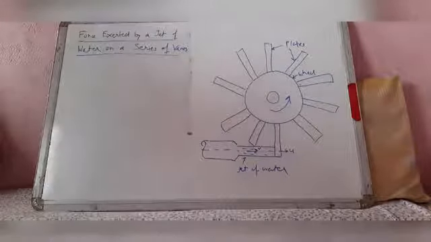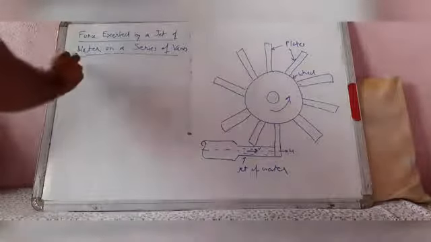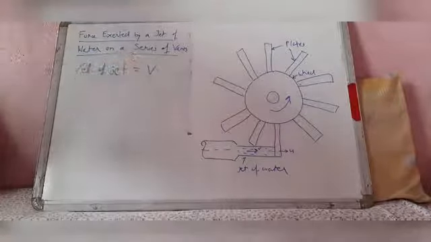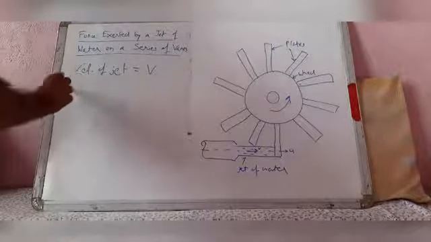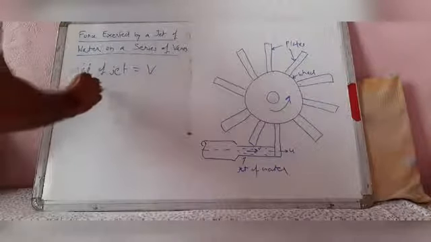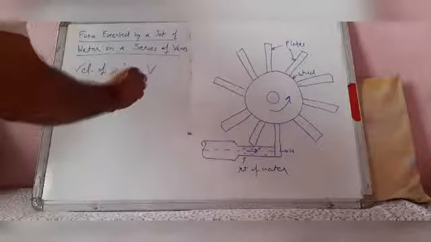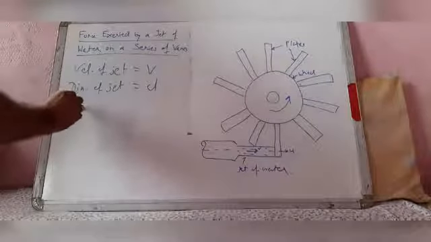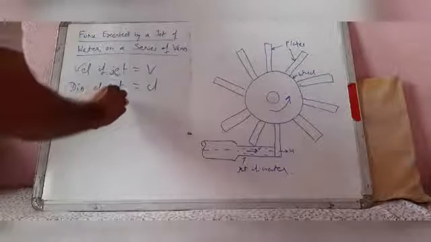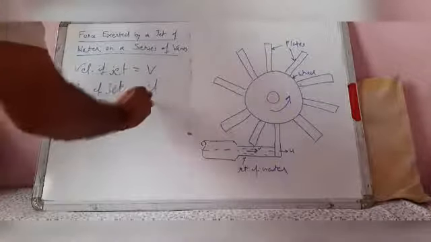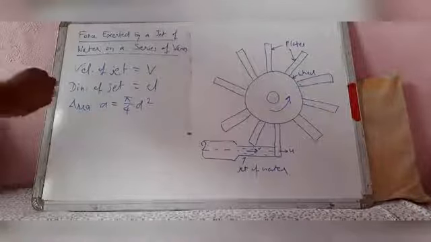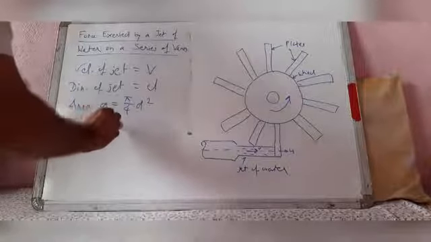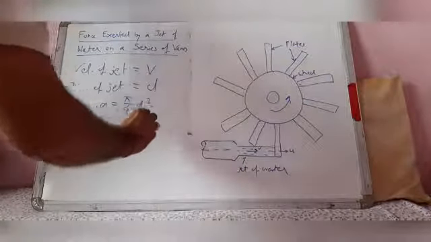Now, v is the velocity of jet, d is the diameter of jet, and as we know, the area of cross section A equals pi by 4 d square, and u is the velocity of vane.